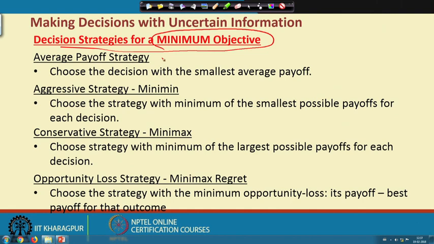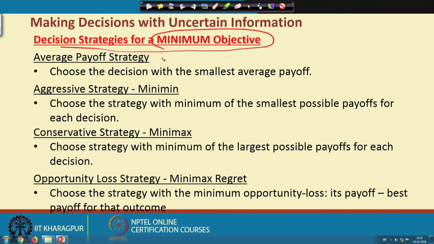In the first case, average payoff strategy, we take the average of all possible outcomes for the various alternatives, then take the decision. In the case of the aggressive strategy, it is a minimin kind of situation, we find the minimum of all possible outcomes, then the minimum of the minimum is the choice of the decision.